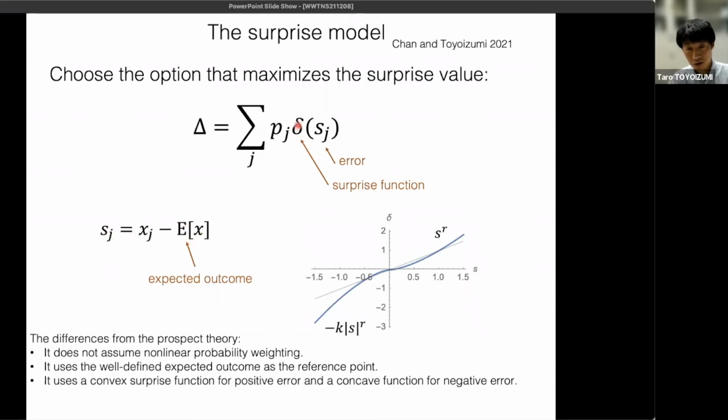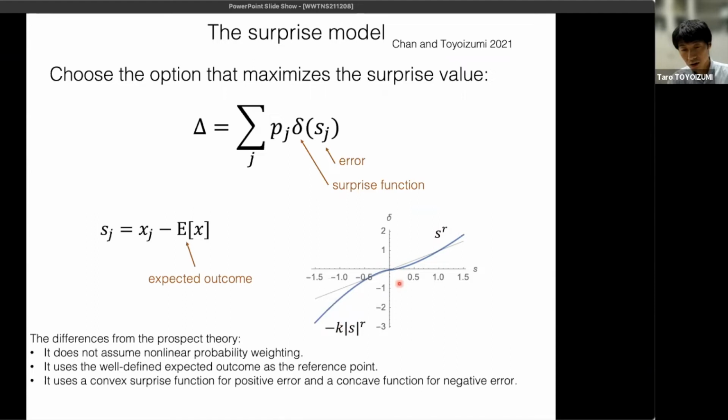And this nonlinear function delta converts this error by using this kind of functional form. The parameterization is exactly the same as the value function for prospect theory. It's a power function, both for the gain and the loss domain, with the amplification K factor applied for the negative part.